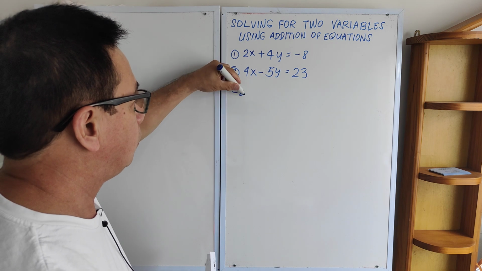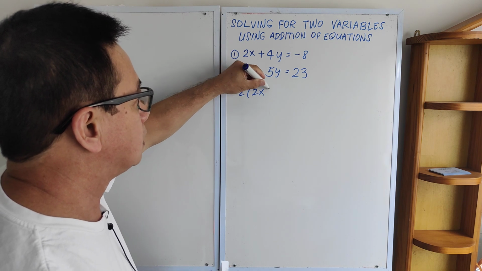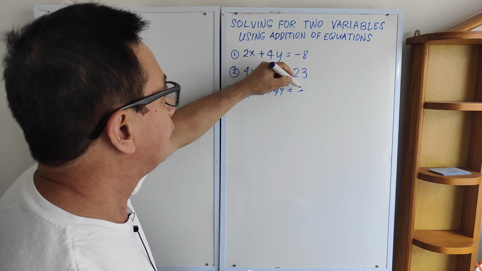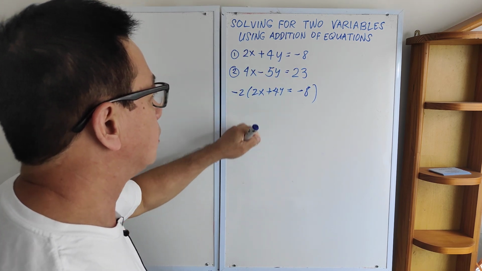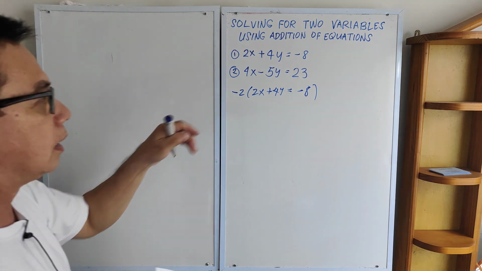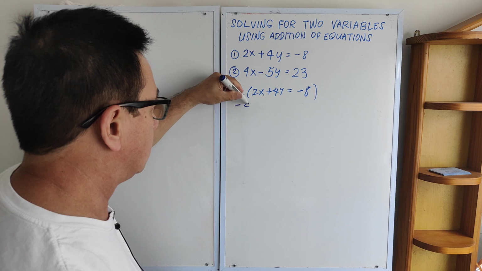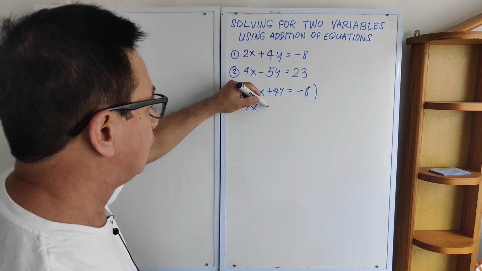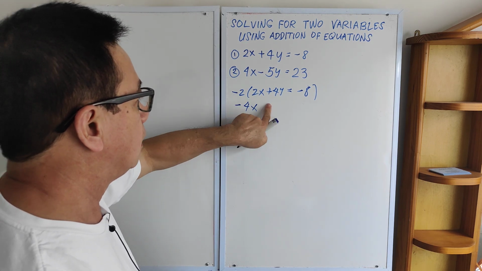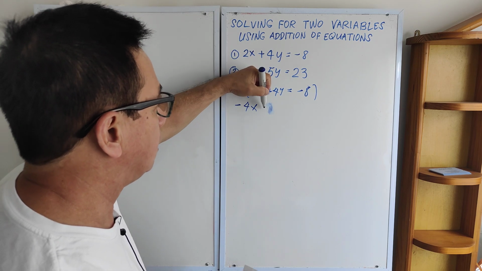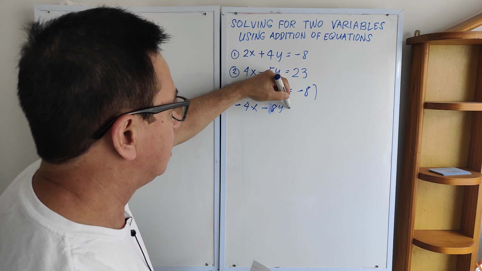So negative 2 times 2x plus 4y is equal to negative 8. So we will multiply everything by negative 2. Negative 2 times 2x becomes negative 4x, plus negative 2 times 4y is negative 8y.